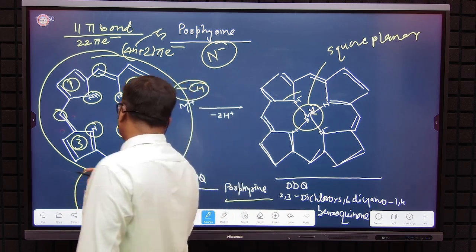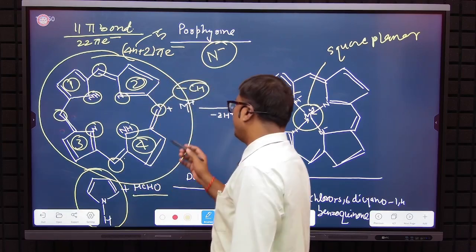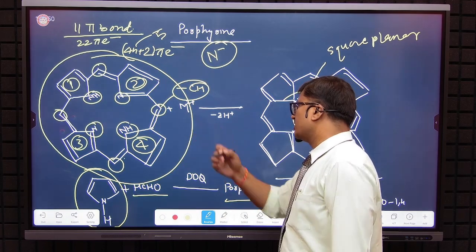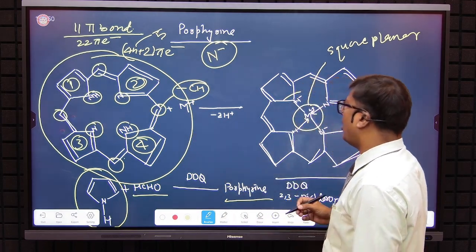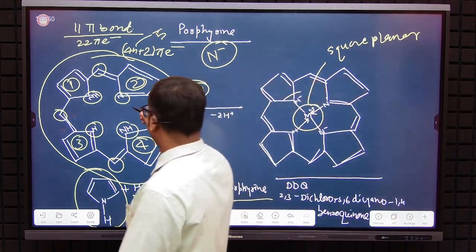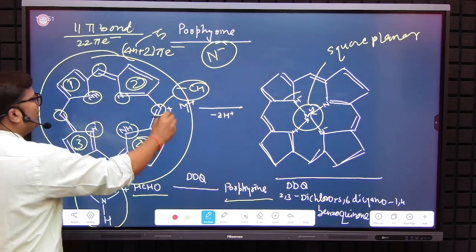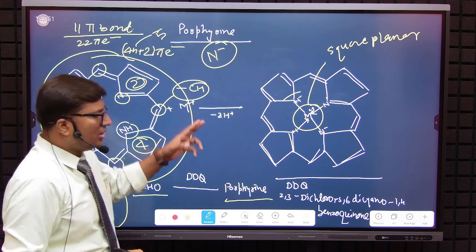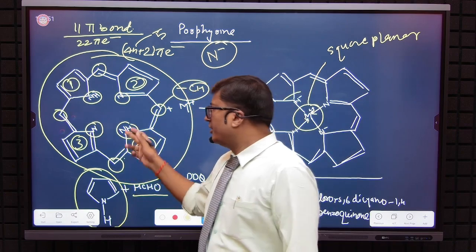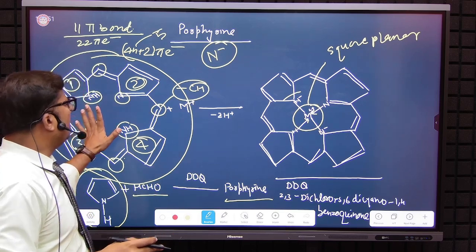Okay, so this is an overall aromatic macrocyclic conjugated ring structure, which contains only hard nitrogen donors. So a hard metal cation can be fitted in this cavity if the size of the cavity matches the size of the metal dication. They can form complexes with this porphyrin ring structure.